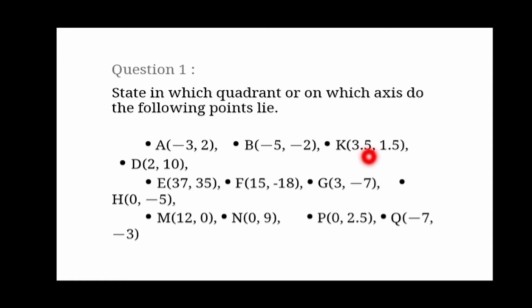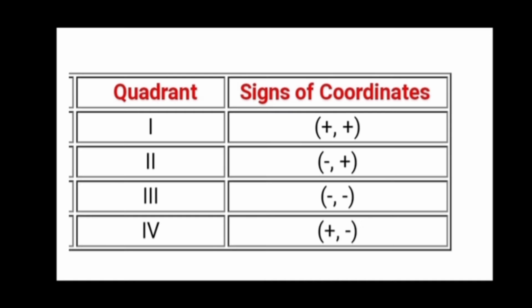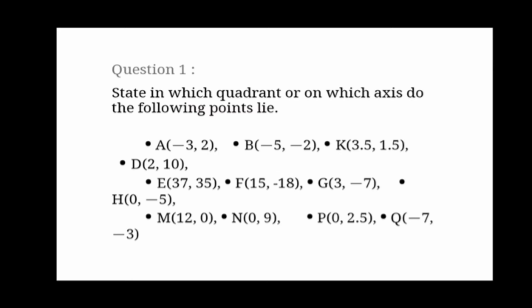When we have to tell the position, don't look at the actual values, just look at their signs, whether positive or negative. Here 3.5 and 1.5 are both positive, so we know that if both coordinates are positive, the point always lies in the first quadrant, right?